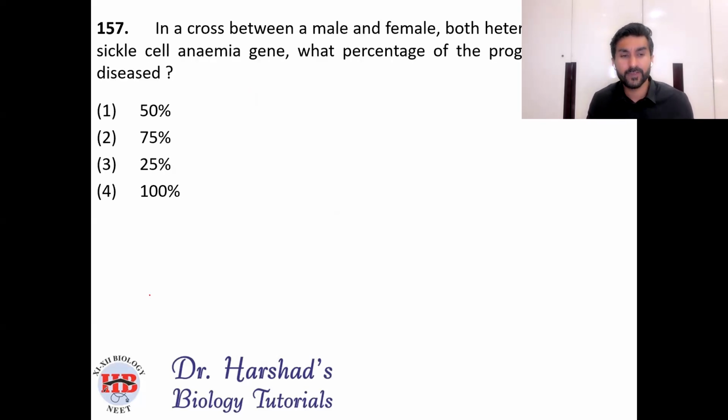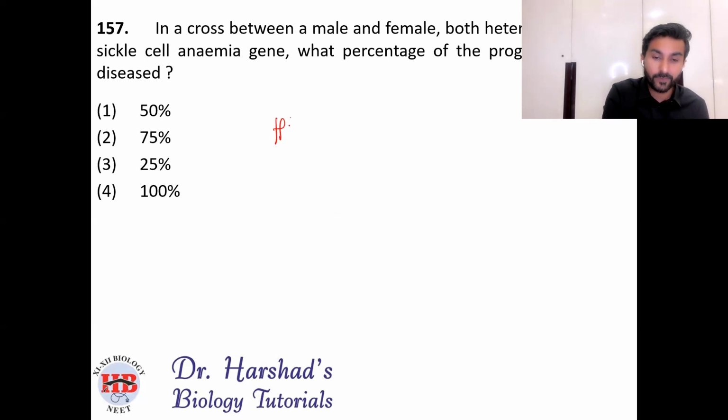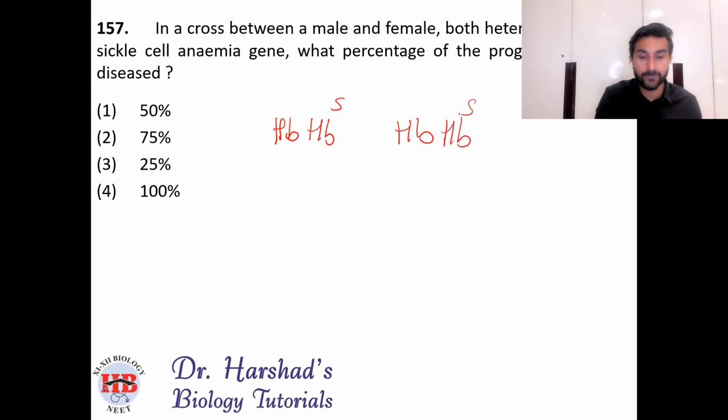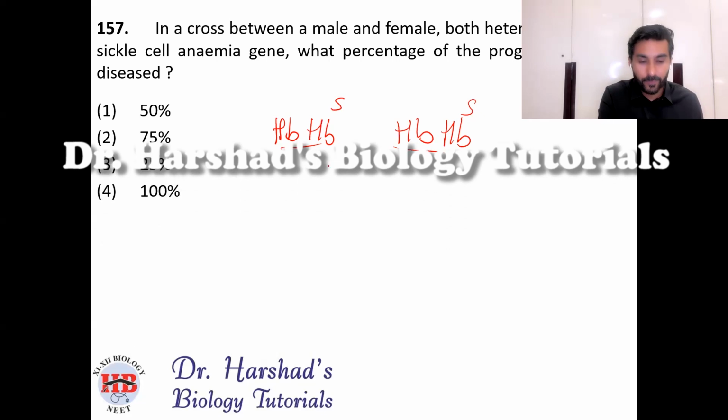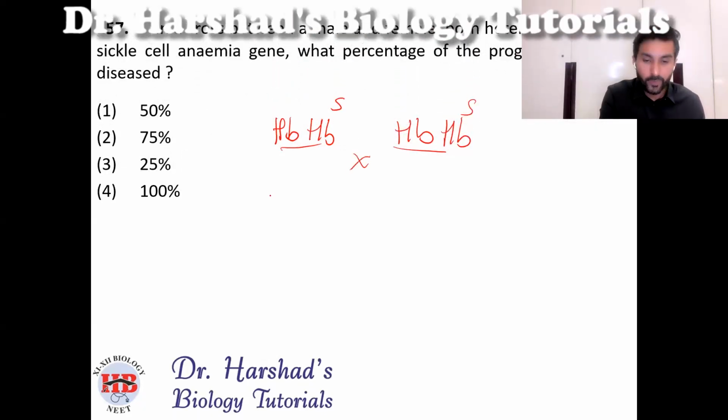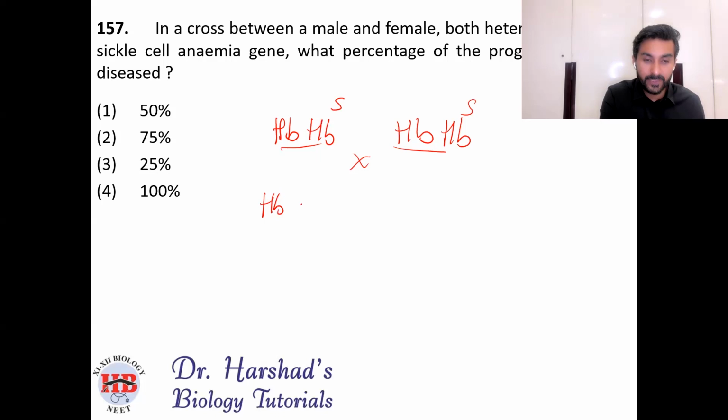In a cross between male and female, both heterozygous for sickle cell anemia, I can represent it by writing one normal gene and the other sickle cell gene. The other parent also has a normal gene and a sickle cell gene. This is an example of a cross of HBS with HBS. So you get HB HB, which is normal.